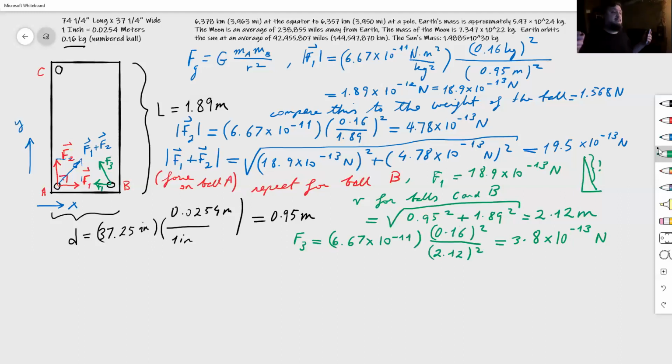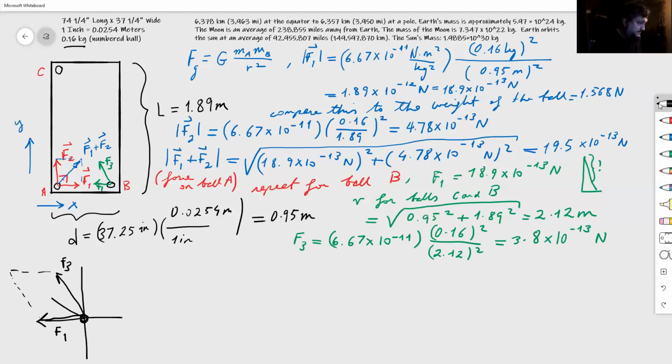Okay, so let's find the net force on B. Here's B. We have what I called F3, and then here is F1. So the sum will be in this direction.